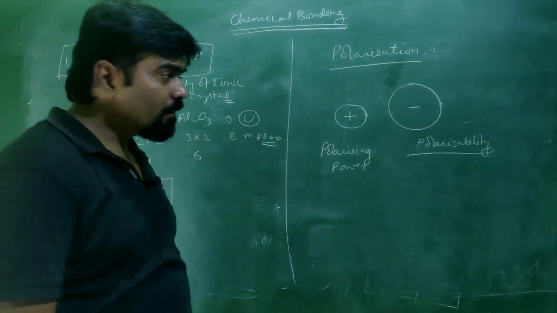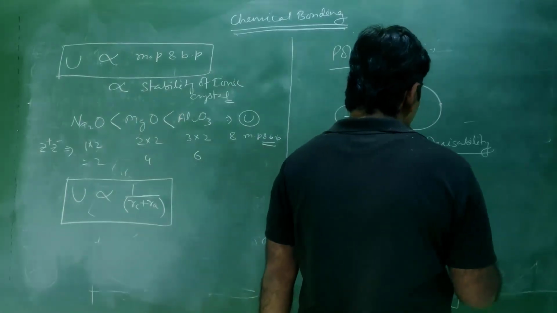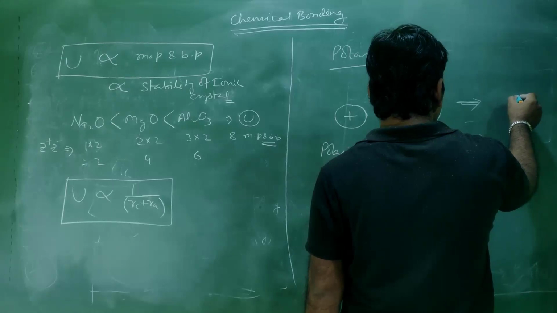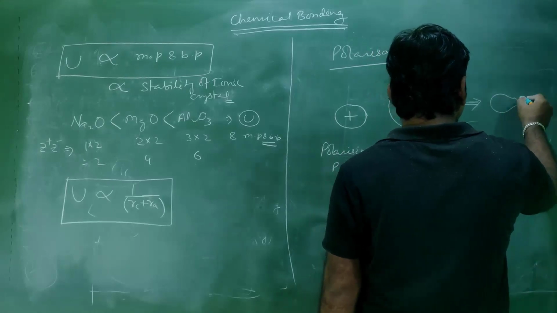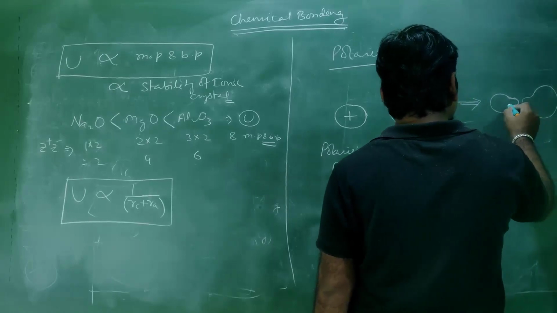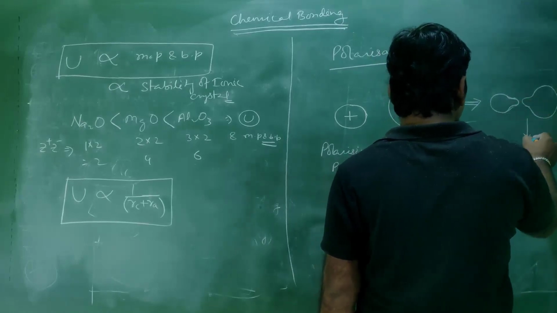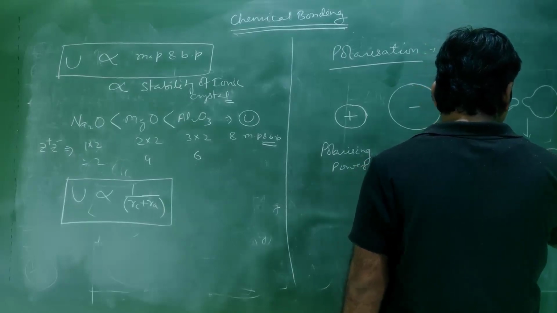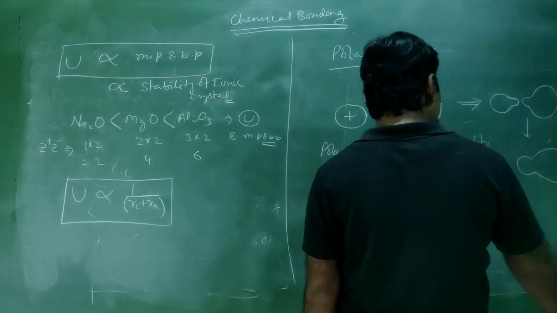When the cation comes closer to the anion, the cation will attract the outermost electron cloud of the anion, due to which their structure gets distorted, and finally the cation and anion lie in the same region.